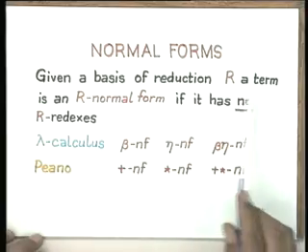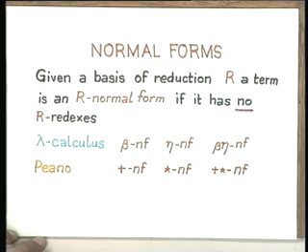So, remember what we said about meaning, the meaning of a term is the value it reduces to. So, given any kind of reduction basis R, a term in that language is an R normal form if it has no R redexes. We can define plus redexes, star redexes, and we can define, for example, in the lambda calculus, beta redexes, eta redexes, beta eta redexes, and so on, right.